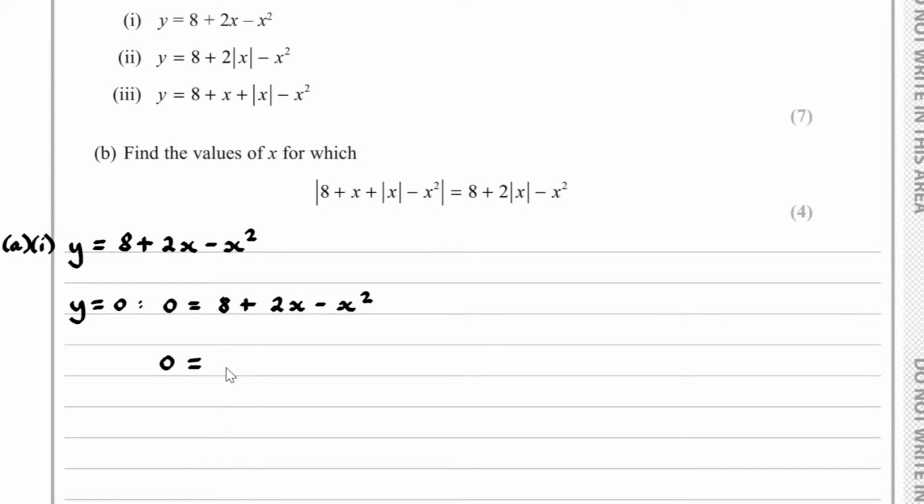So I've got 0 equals minus x plus 4 multiplied by x plus 2, from which we can conclude x is either equal to minus 2 or 4, and when x is 0, y is equal to 8. So it crosses the x-axis at minus 2, 4 and the y-axis at 8.